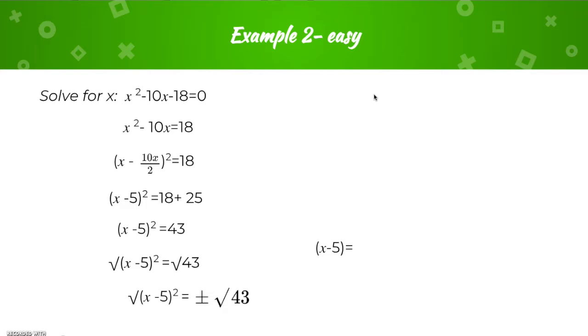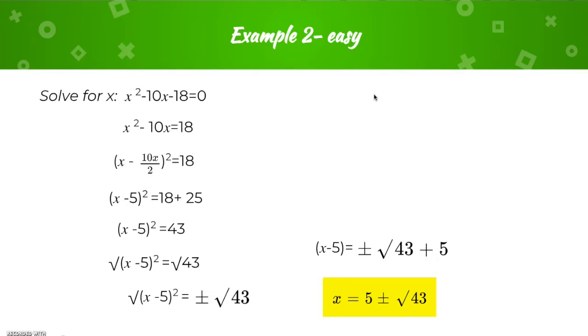So we do x minus 5 equals plus or minus square root of 43, plus 5, because in order to isolate x, we just add 5 to both sides of the equation, and that's our final answer. X equals 5 plus or minus square root of 43.